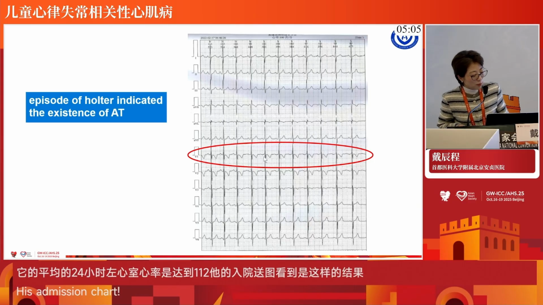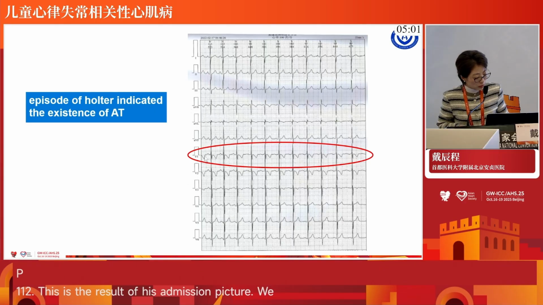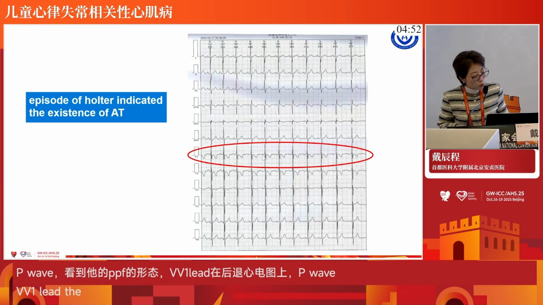The morphology of the P wave is almost the same except in the V1 lead. The fifth P wave in V1 lead is negative.